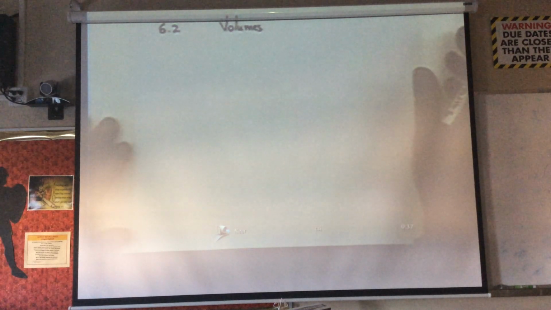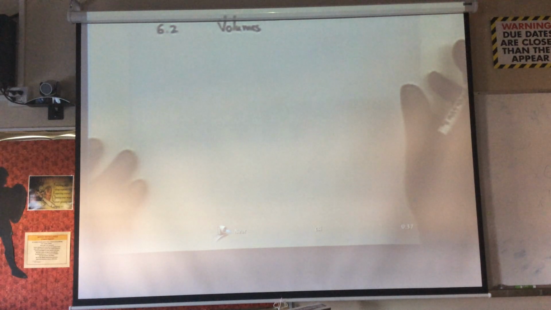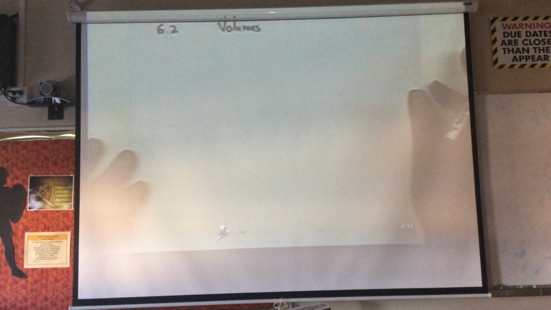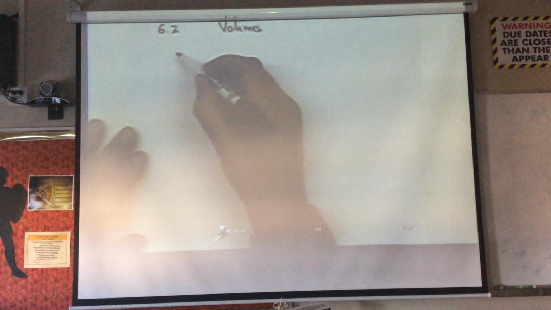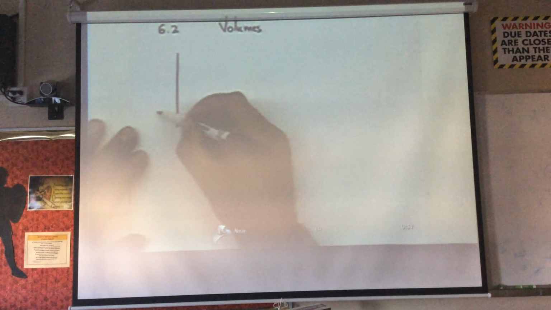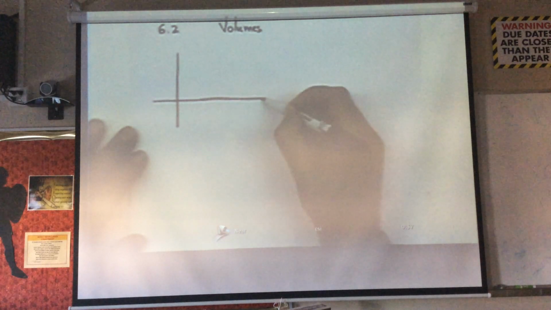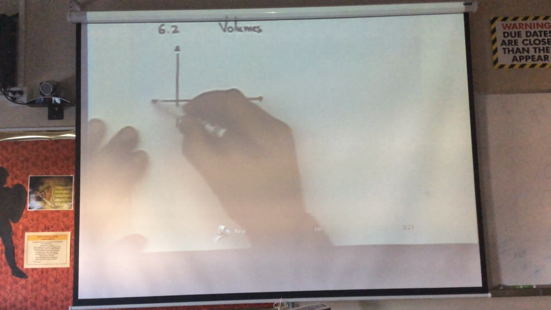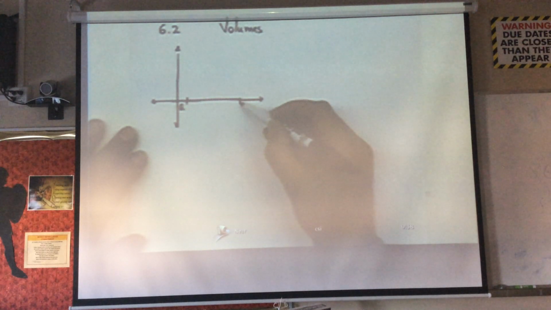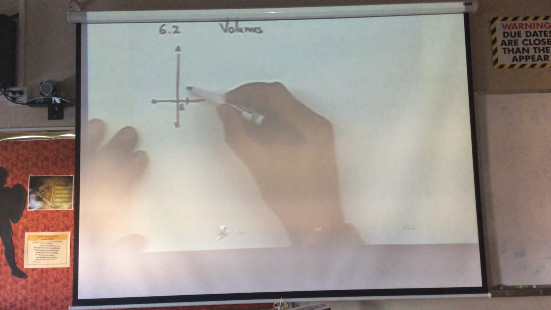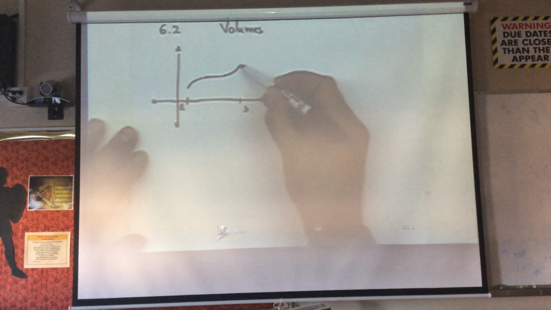But before we actually get to examples, let's just get the general idea how we actually get the volume concept with the rotation. So let's start with this. Let's say we have a curve on interval A and B. And let's say this is the curve that we have.